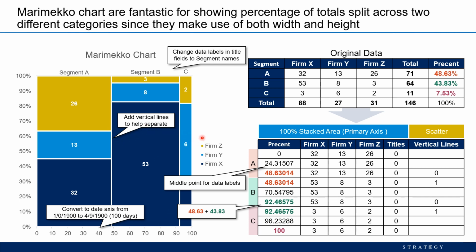So this is great for, say, market share, because I can quickly see the different amount of market share that each one of these firms has in different segments, while also getting an idea of who has the most market share as a whole.